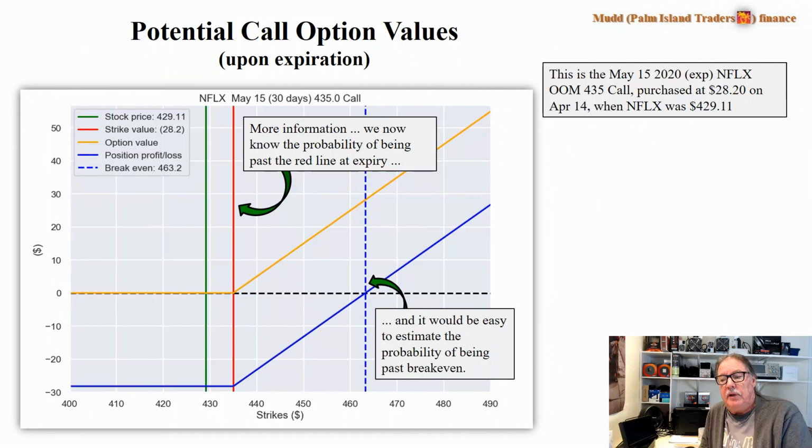It would be easy to estimate the probability of breaking even on this as well, using a very similar technique to figuring out the probability of being in the money. And the model doesn't do that. Some of the models I have do that. But we still have essentially the same problem, which is this gives the impression that you have to hold the option to expiry, when normally you don't want to do that. So we need to expand and apply our parameters a little more deeply using these models.